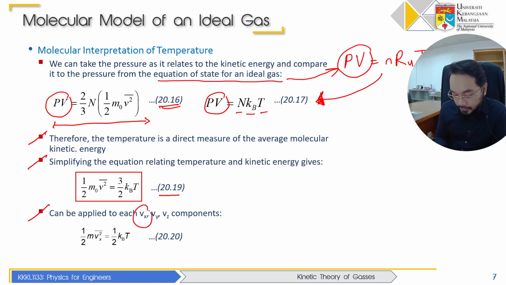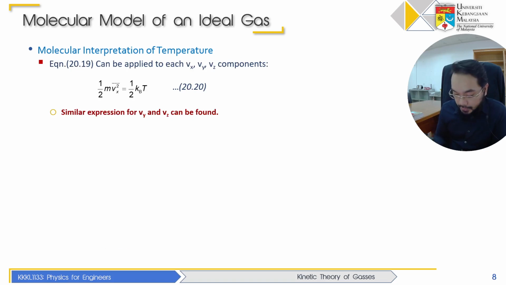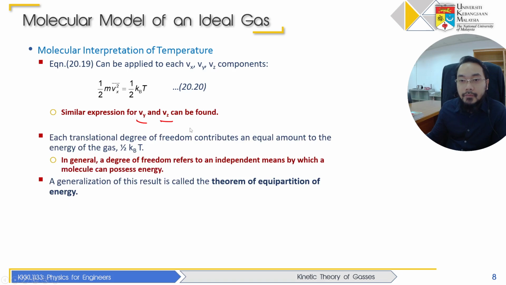If we're looking at the velocity v_x, then equation 20.19 becomes like this, and we can do the same for v_y and also v_z. Each translational degree of freedom contributes an equal amount to the energy of the gas, which is half k_B T. So based on our analysis, each degree of freedom in translational motion contributes half k_B T.